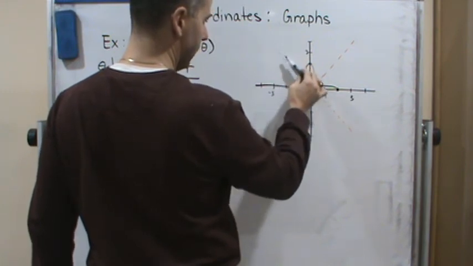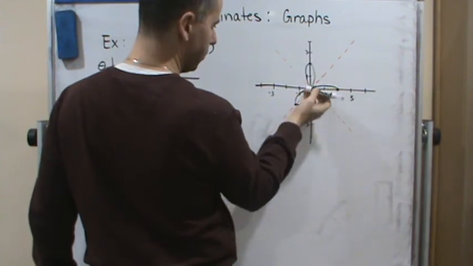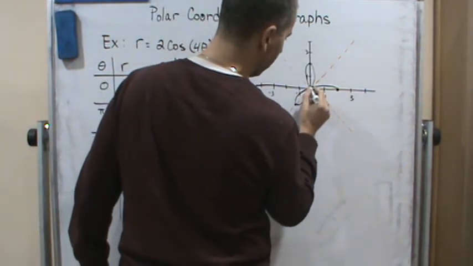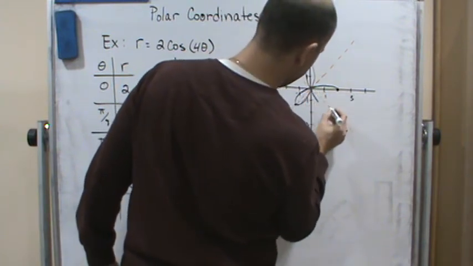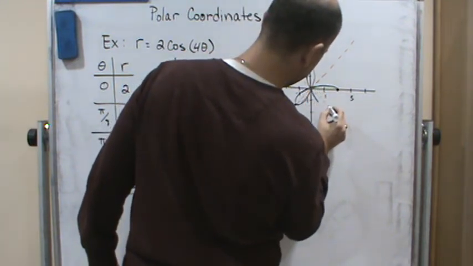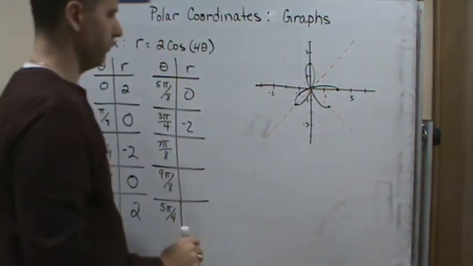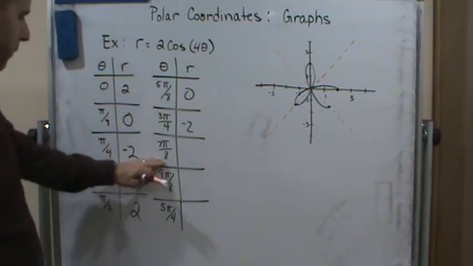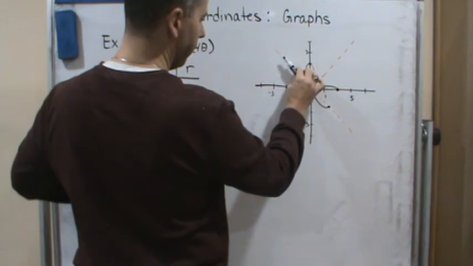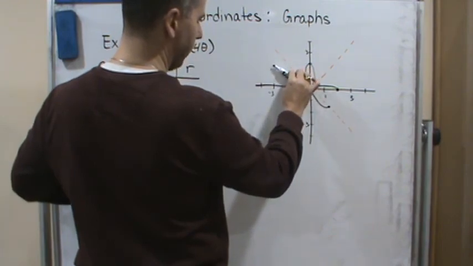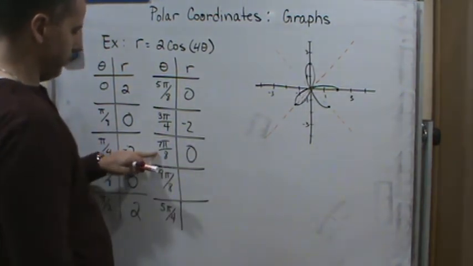So now I'm going 45 degrees this way, but it's negative 2. So this means I'm going to go from 0, so let's say it's here, like so. And then from 7 pi over 8, so from here to here, one more pi over 8, and from there to there, I'm going to go back to 0.